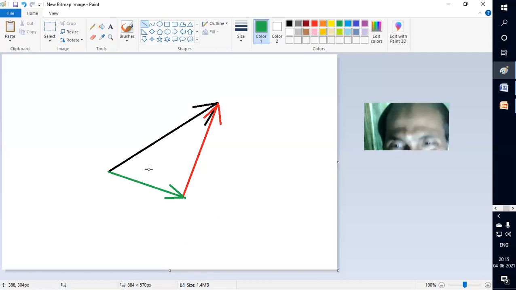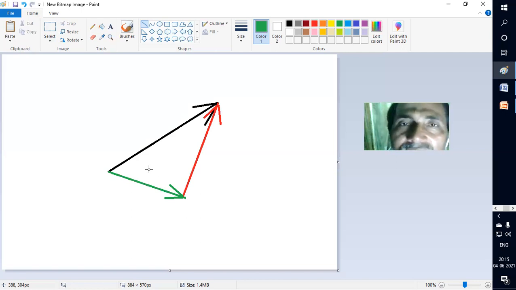And moreover, you can imagine that the green and red color vectors are perpendicular to one another. Now, there comes one concept of component. Two vectors which are perpendicular, and the two vectors when added, you are getting one resultant vector.